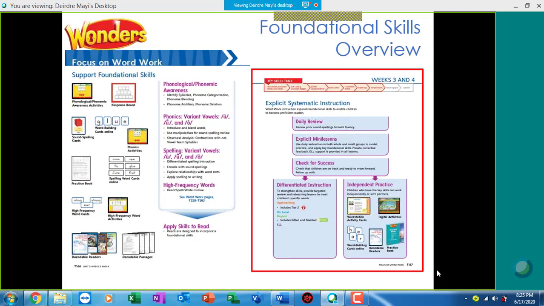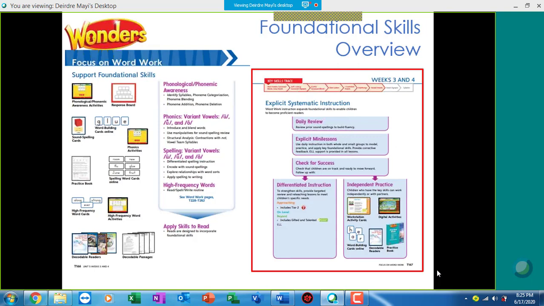So as you look at this foundational skills overview, for whichever weeks you happen to be surveying, you're going to notice on the left side of the screen that there are certain tools that you will use to support foundational skills. Most of these tools are tools that you are going to receive in print.